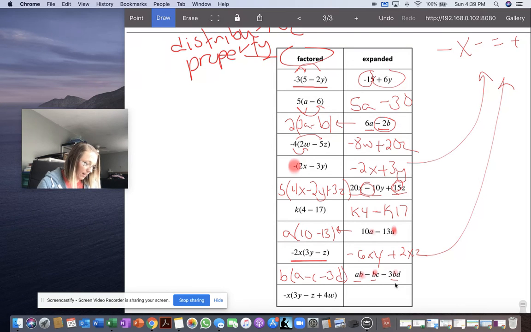Last one's very simple. It's just what we've been doing. Just don't forget your negative out front. So you're going to have negative 3xy plus xz minus 4xw. That's actually it for this lesson.